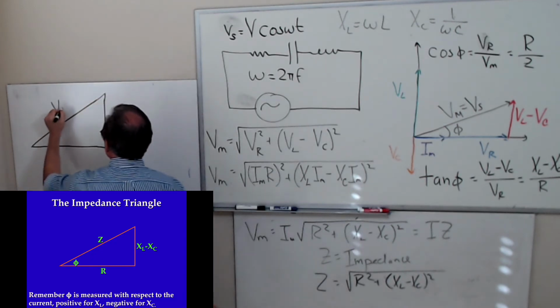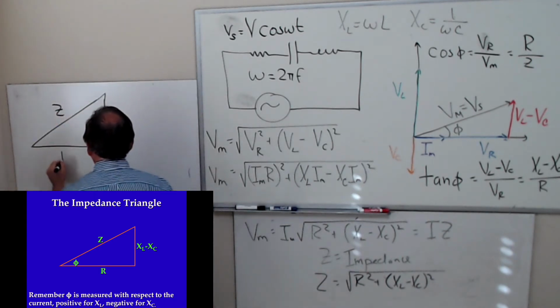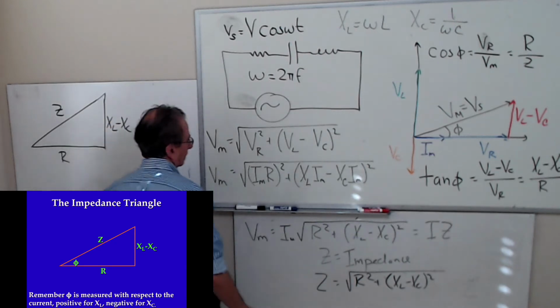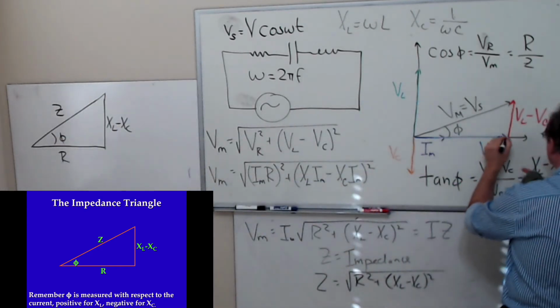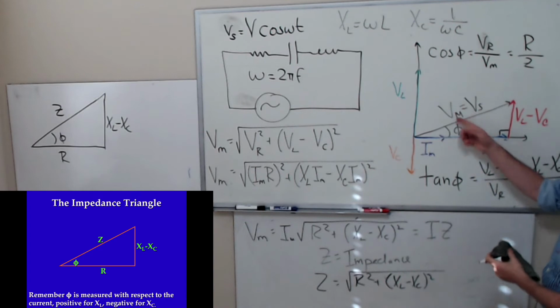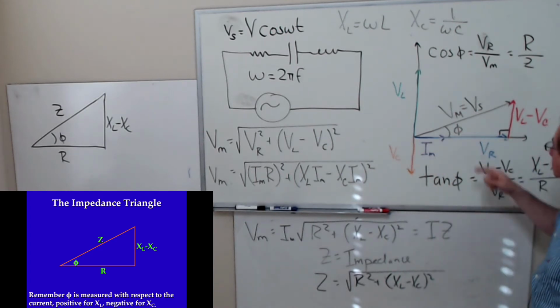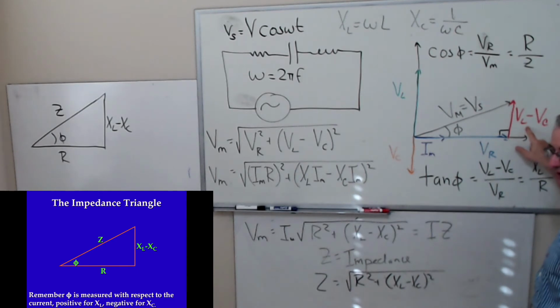Whether you use this triangle or this triangle doesn't matter. I mean, they only differ by a factor of the total current, right? Because this is I times Z, this one is I times R, and this one's I times X sub L minus X sub C. So they're the same thing, essentially. Okay.